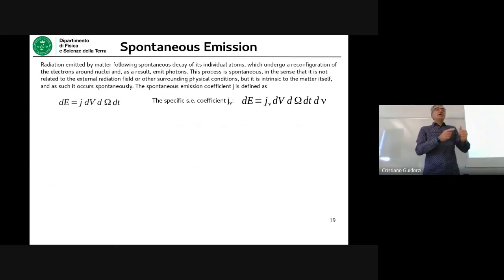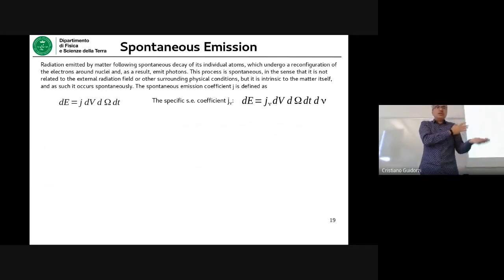Look here on the left: J is the amount of energy emitted through spontaneous emission per unit volume, dV, per unit time, dt, and emitted per unit solid angle, so within d omega. As a consequence, by definition of J, the amount of energy is just J dV d omega dt.